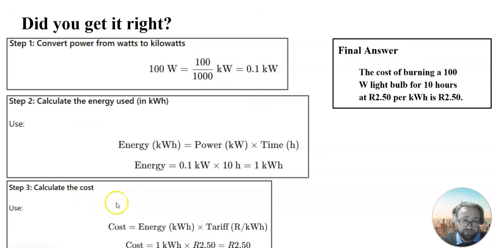Cost equals energy times tariff. So our cost would be 1 kilowatt hour, we got it from there, times our R2.50 gives us R2.50. Easy as that. So our final answer, the cost of burning a 100-watt light bulb for 10 hours at R2.50 per kilowatt hour is only R2.50.